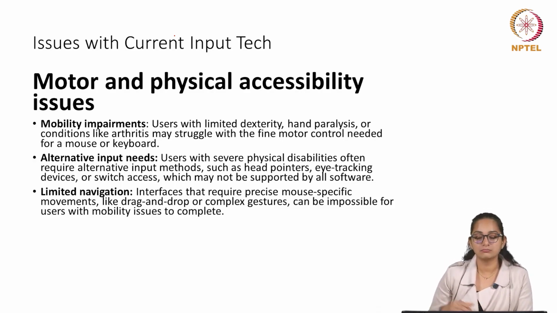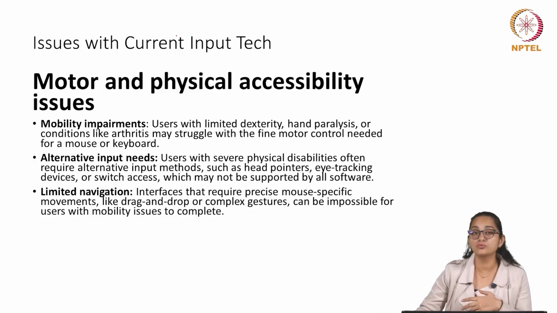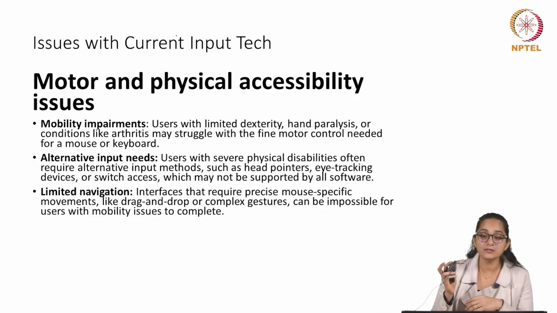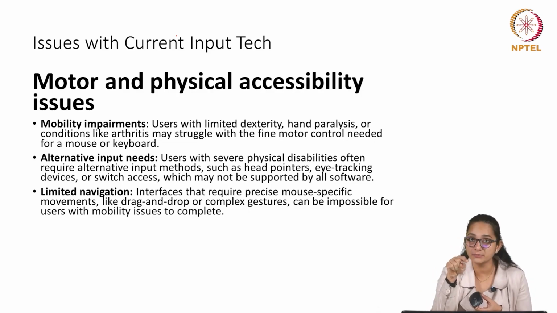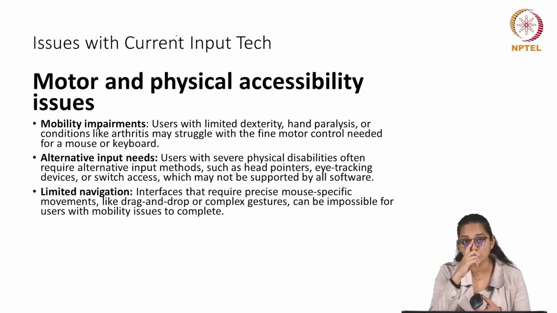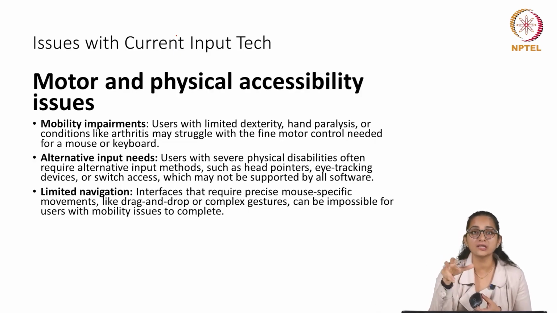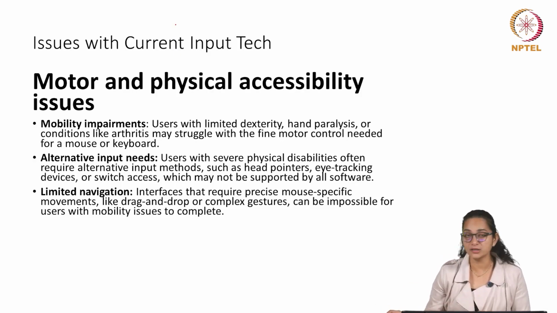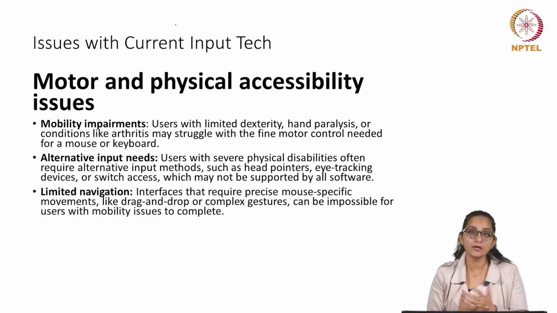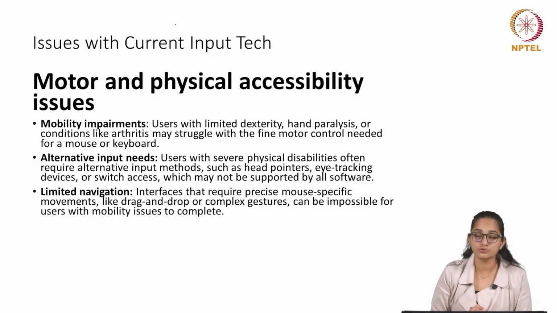Again, precise movements and fine motor skills are required, where you are supposed to click on something and drag it. Basically what is expected is that you press a button, keep it in the pressed condition in order to drag it and then release it. Those kinds of motor expectations all kinds of users may not be able to fulfill.